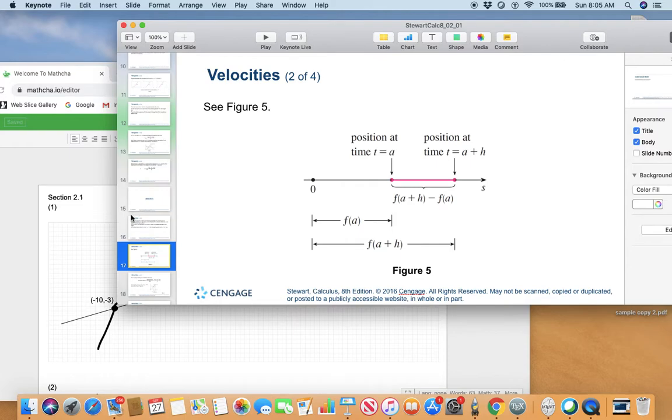Forward, and going back would be negative, and so on. So here is time t equals a. Here is time t equals a plus h. So that's the distance. I shouldn't say distance, but difference in the positions. So f of a plus h minus f of a. All right.